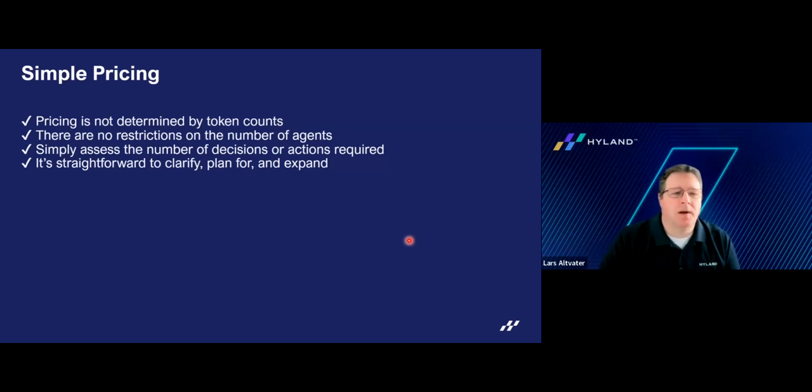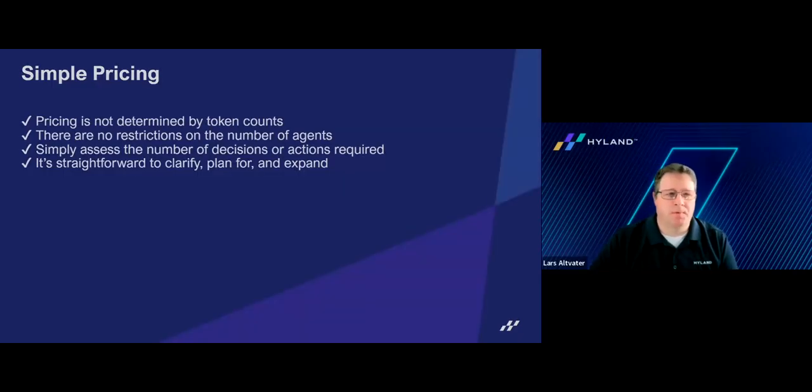So it's straightforward to clarify, to plan for, and to expand on. You get a lot of transparency with this type of pricing. And we owe you the details of this, what are actually the numeric values behind it, and we're getting this soon, and we'll make this available within the next few days before the release.